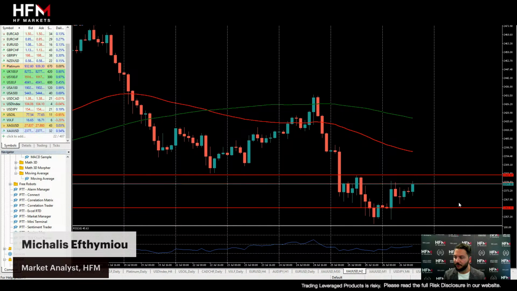Otherwise, if we get downward price movement and it crosses below here, that's a signal for us to take into consideration. Ultra short term, people can look at the resistance level here, or the price rejection level here. Or again, people can use the Fibonacci to get slightly further away and take profits. So that's something for everybody to take into consideration.